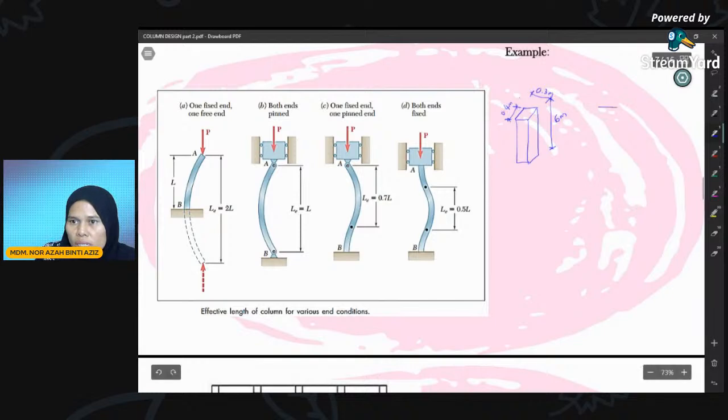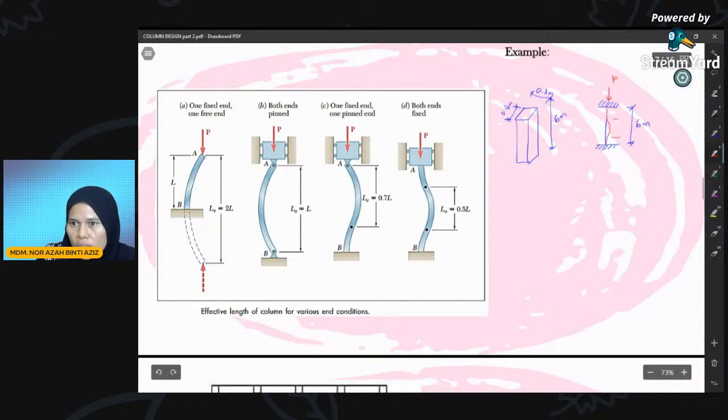So let's say here we have one column, supported by fixed support at both ends. The actual length is now 6 meter. After we apply load, for both ends fixed support, this column will buckle at the center part.